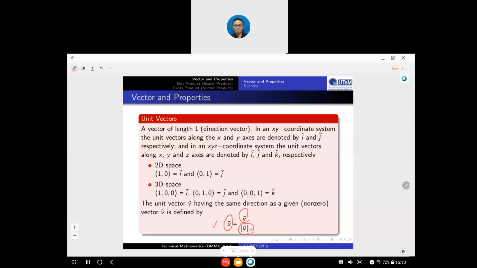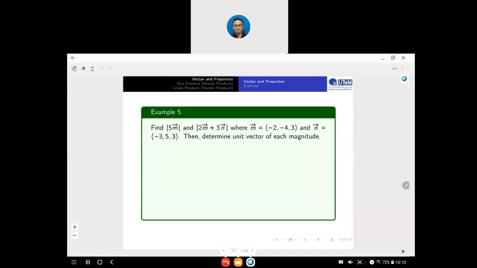Okay, now look at the example. Find the magnitude of 5m and the magnitude of 2m plus 3n, where vector m equals [-2, -4, 3].